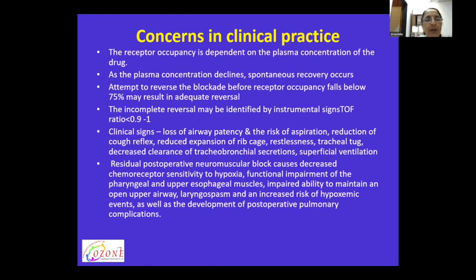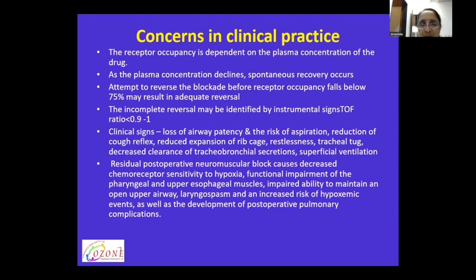What are the clinical signs of inadequate reversal? There is loss of airway patency, and there will definitely be risk of aspiration, reduction of cough reflex, reduction of expansion of the rib cage, restlessness, evident tracheal tug, decreased clearance of tracheobronchial secretions, and superficial ventilation can occur. Residual postoperative neuromuscular block causes decreased chemoreceptor sensitivity to hypoxia, and functional impairment of the pharyngeal and upper esophageal muscles impairs the ability to maintain an open airway.